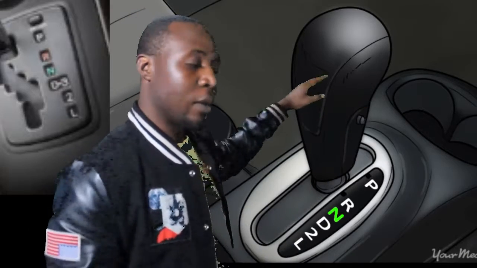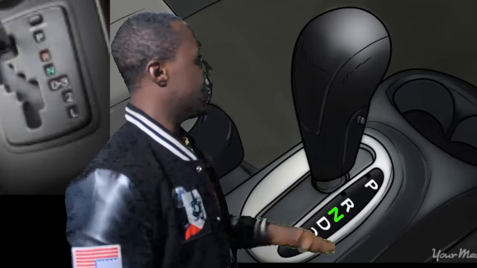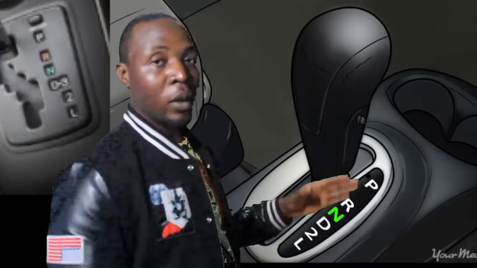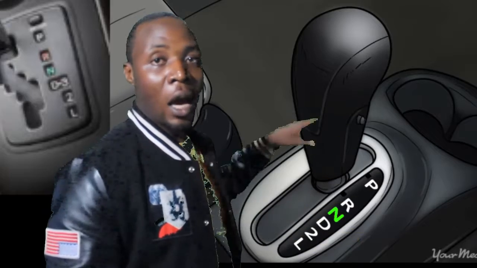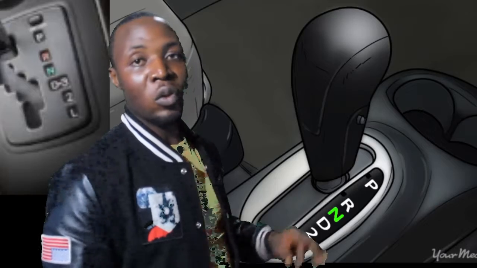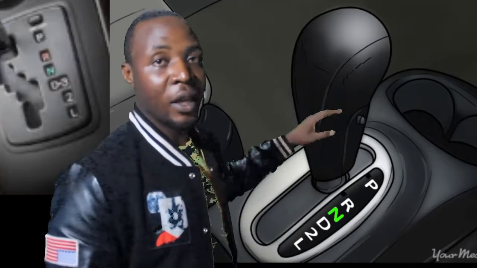The next letter we are seeing here is letter D. Letter D stands for drive. If you want to drive forward, you have to take the gear selector and put it at D, then you will be able to drive forward. When you are driving forward, the gears change automatically. That means you do not have to be moving the gear selector.